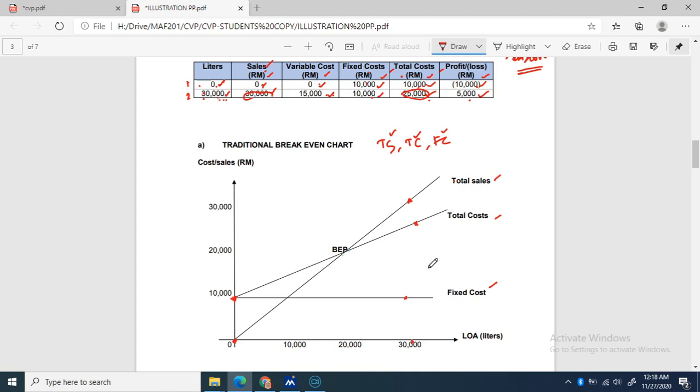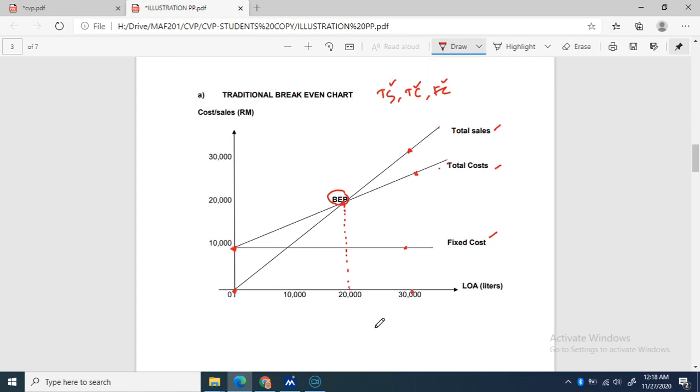From this line, we can see the total sales meet the total cost. So at this point, the total sales meet the total cost. So this is BEP. So how many units is BEP? At this point, you move to the x-axis. So you get here BEP in liters.